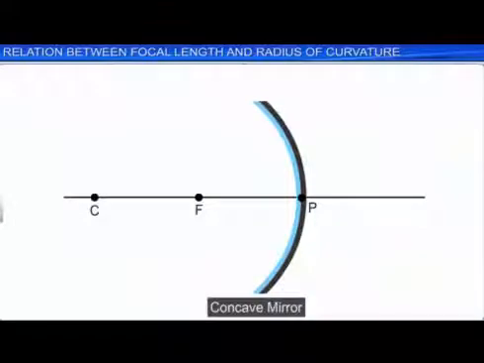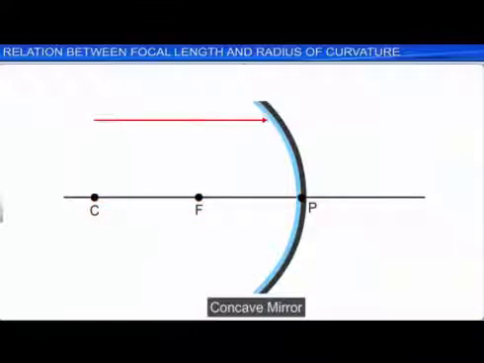In the diagram, P and F are the pole and the focus, while PF is the focal length of the concave mirror. C is the center of curvature. The distance PC represents the radius of curvature of the concave mirror.